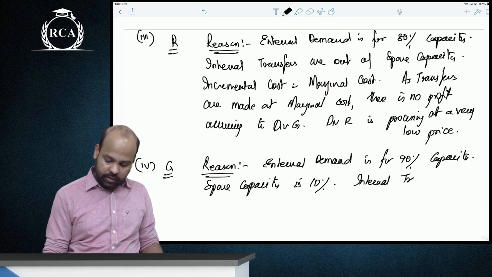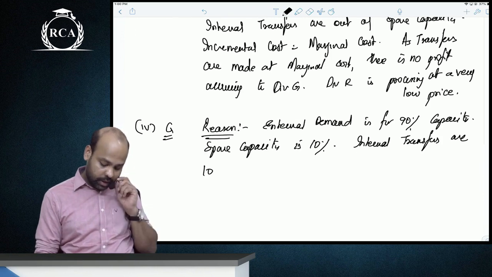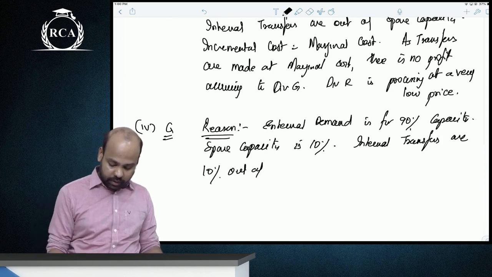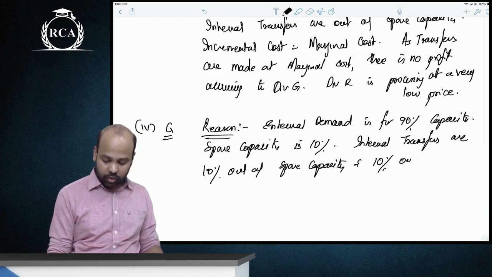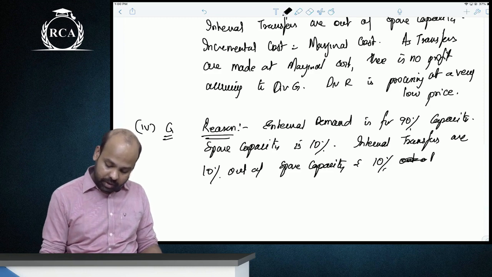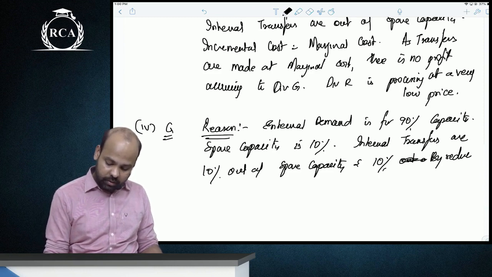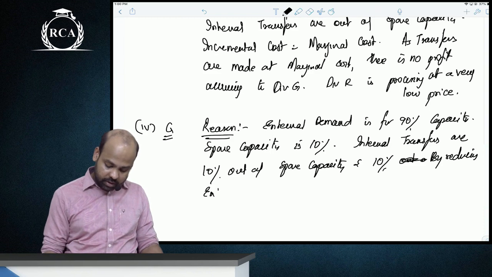Internal transfers, guys, are 10% out of spare capacity, and 10% out of 10% by reducing external demand.